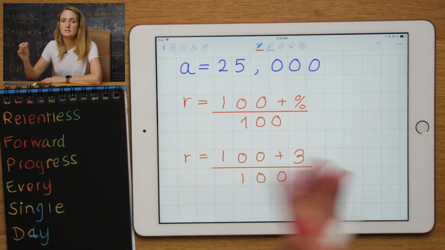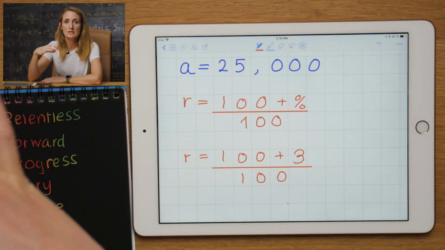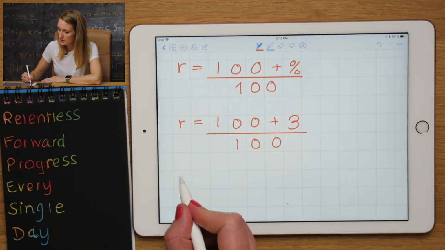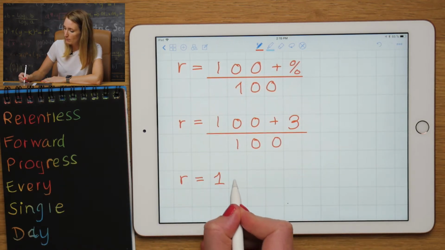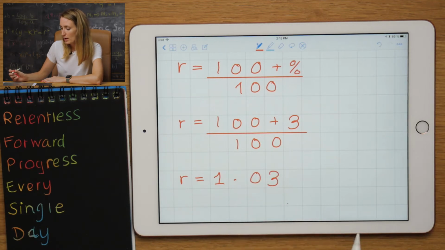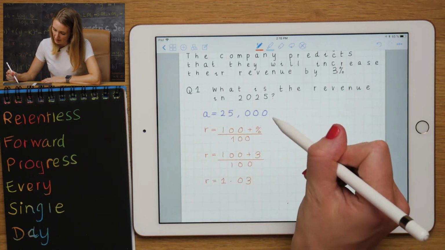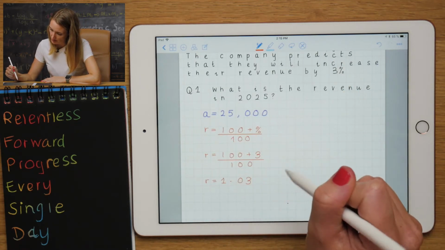This formula works just as well if something is depreciating or its value is going down, but you'll just put a minus in here instead of a plus. So R is 1.03. Loads of people think R is 3, and that's a big problem. So I've got A is 25,000 and R is 1.03.